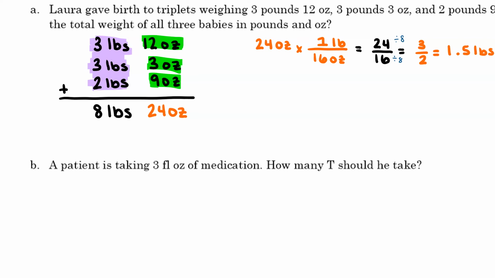So I could write this as, instead of 24 ounces, I'm going to rewrite this as 1.5 pounds. So that tells me that there's 9.5 pounds of babies. But it wanted it in pounds and ounces.